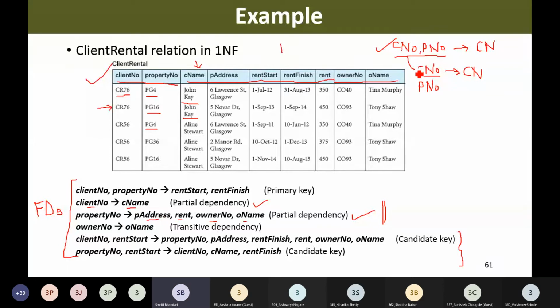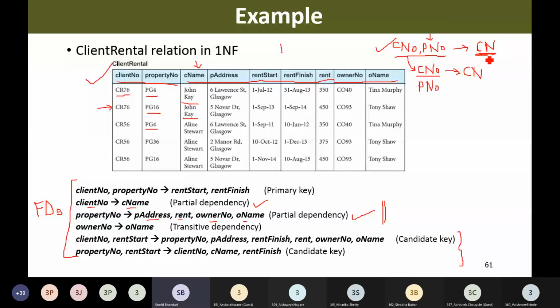I have the proper subsets as client number and property number. Right? And this proper subset, that is client number, is also able to determine client name. So client name is partially dependent on this primary key.